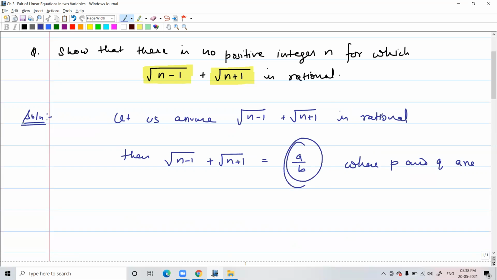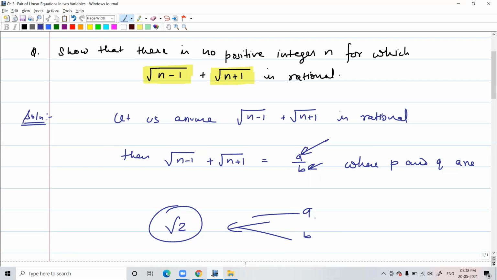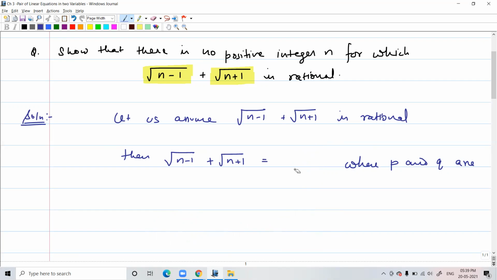We assumed that A and B are co-primes, meaning they do not have any common factors. And then later on, we showed that they have some common factor. In case of root 2, when we had to prove that root 2 is irrational, we showed that both A and B are divisible by 2, so they cannot be co-primes. In that case, we used to call it A by B and take them as co-primes, but that's not the case always.